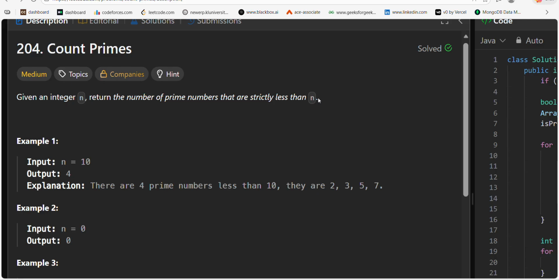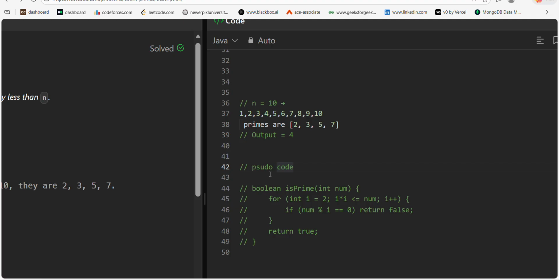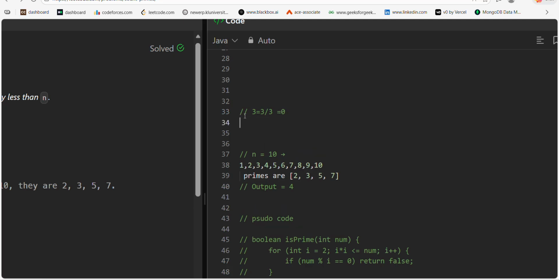Let's take one example. Suppose we take two numbers, 3 and 4, and check whether they are prime or not. 3 is divisible by 3 only, and 3 divided by 3 gives remainder 0. Now suppose we take 4. 4 is divisible by 2 and 4, so it is divisible by more than one number, including 2 other than itself.